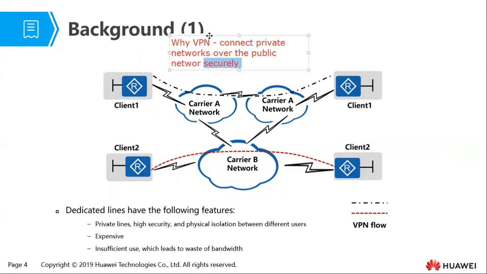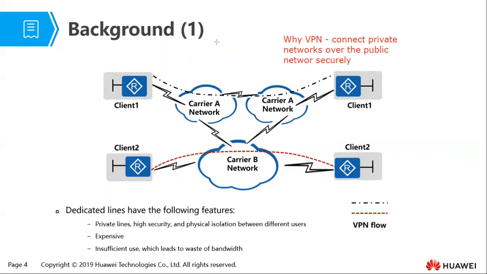Now, before VPNs, traditionally, companies used what we call dedicated lines, also known as leased lines. So what are leased lines? Leased lines are private lines. That means that if we want to connect this particular branch to the headquarters over the public network, we simply pay for a dedicated line.